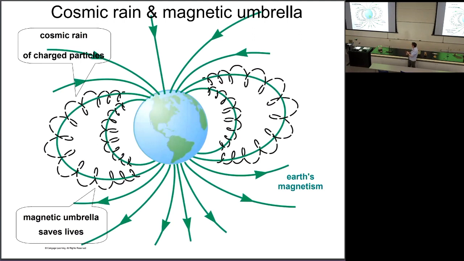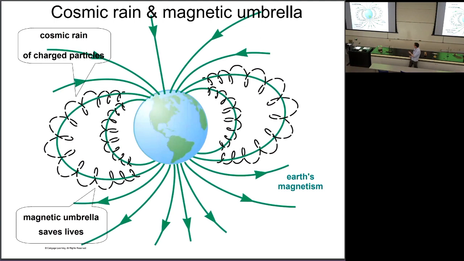But we're lucky. There's a magnetic field of the Earth. And those moving charged particles start to execute circular motion in that magnetic field. They can't stop themselves. They're moving. They've got charge. They're going to execute circular motion in that magnetic field. And so they all get tied up around the magnetic field lines.